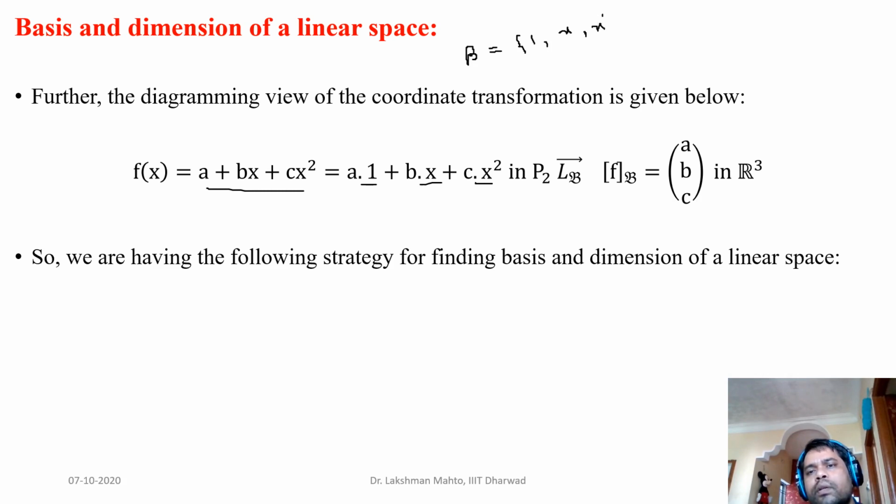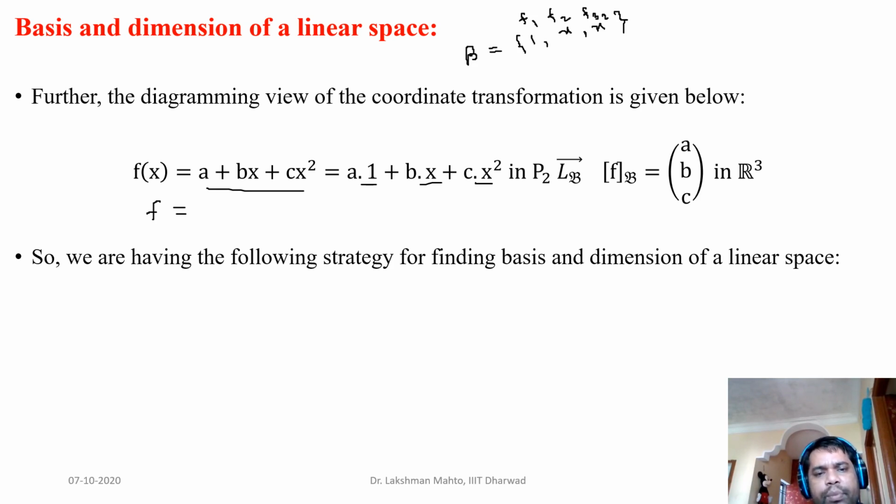Call the first basis element F1, the second basis element F2 and the third basis element F3. So in that perspective, you can say that f(x), I would like to omit, I don't need to write x. It is understood that the polynomial, x will come here.